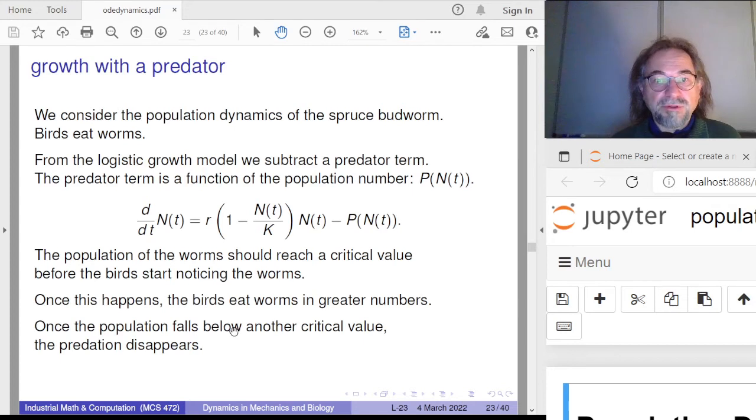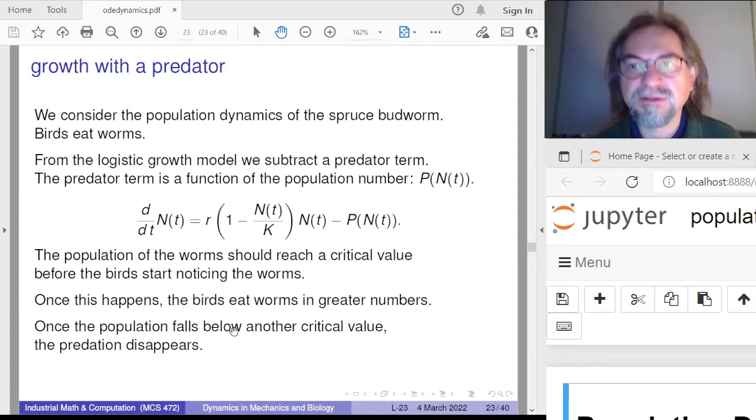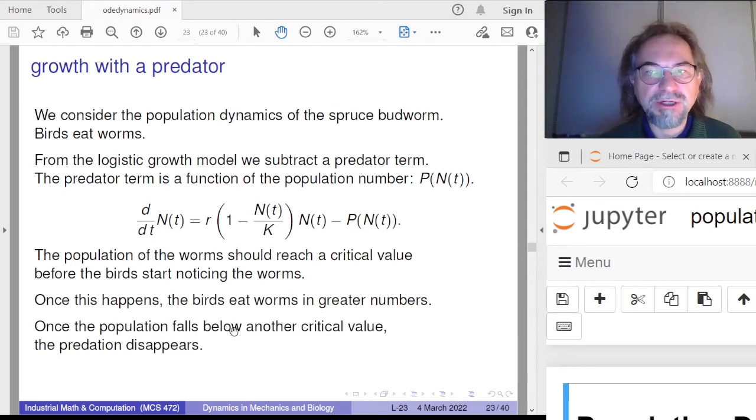Okay, so what do we do with our logistic model? We subtract a predator term. The predator term is here the capital P. We used this in the previous lecture for the population size.